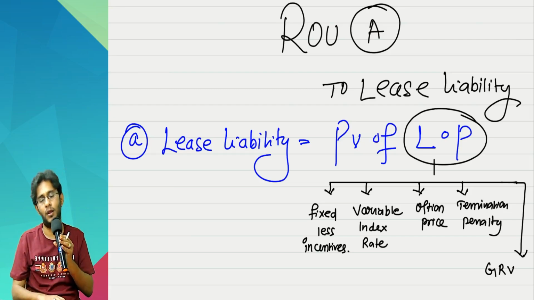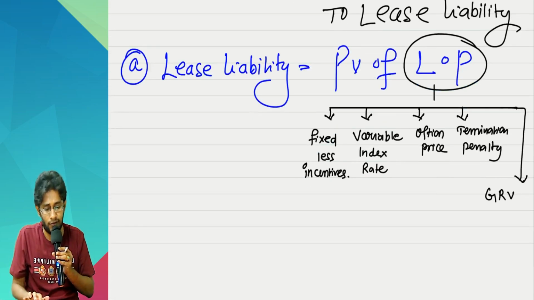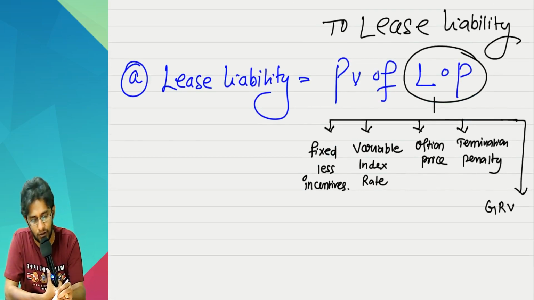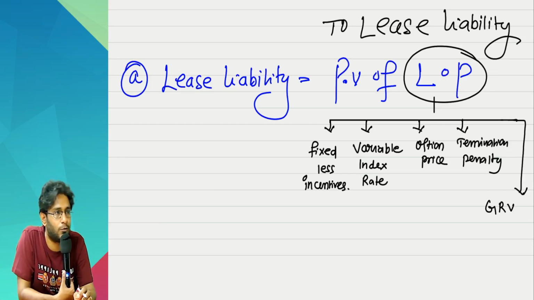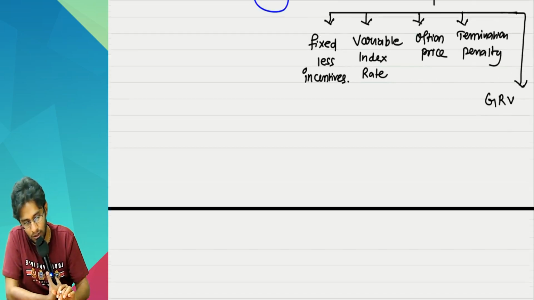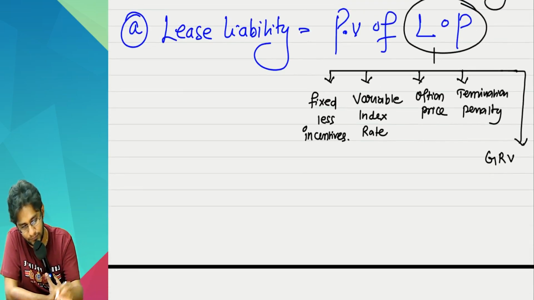That's it. Now, as usual, the routine question every time, as I tell you: whenever you use the word present value, it becomes your duty to ask me what the discounting rate is. You cannot use any stupid rate as the discounting rate here. Now let's come to the discounting rate.